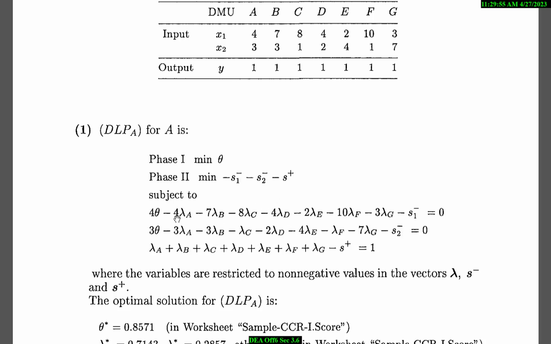Note that the variables lambda are non-negative, but theta is unrestricted. Also we can see, of course, that theta is always strictly positive and its optimal value is less than or equal to 1.